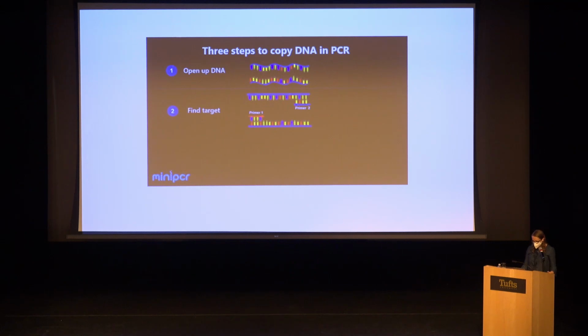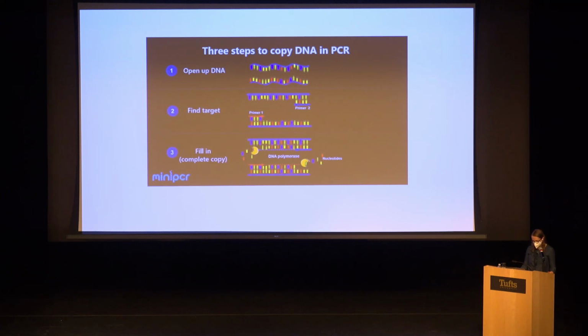These genetic bookmarks are called primers. The third and final step is to fill in the genetic information between the primers. An enzyme called DNA polymerase adds the building blocks of DNA called nucleotides to create an identical DNA strand.